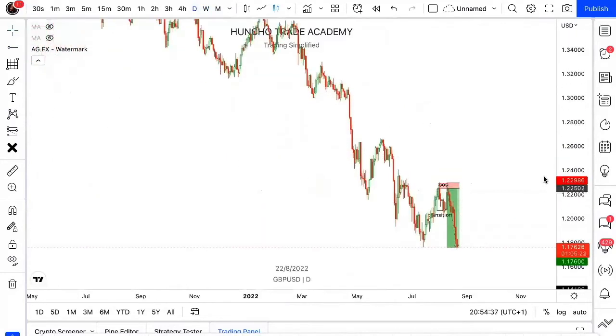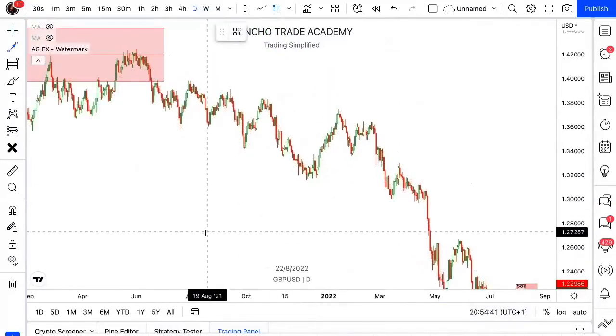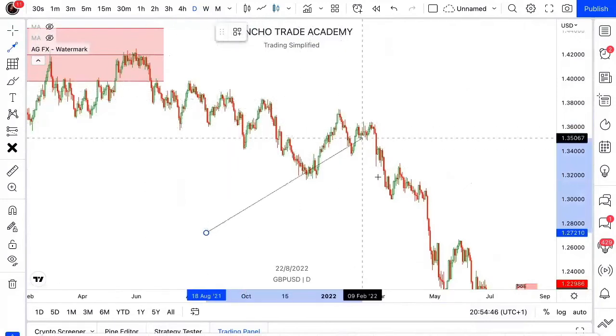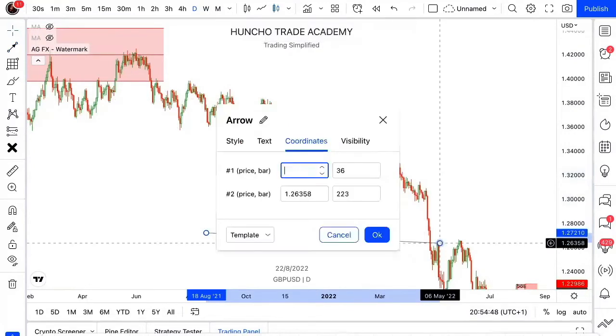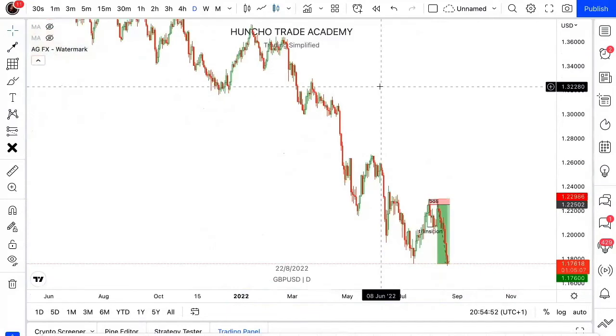The daily chart as well looks extremely bearish. You can see we have a series of lower highs and lower lows, lower high, lower low, lower high, lower low. Extremely bearish, right?